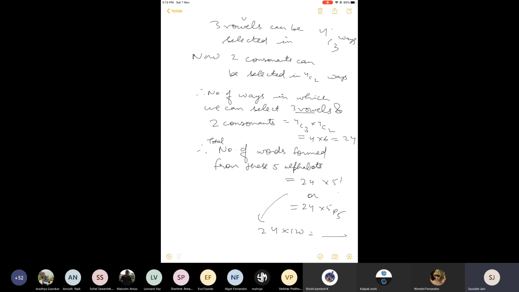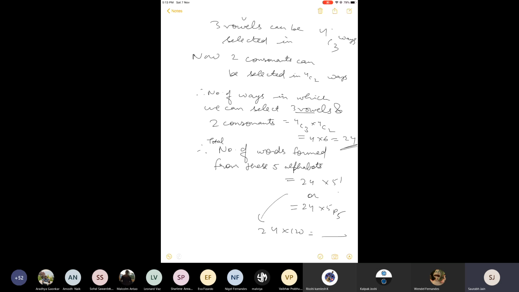Because first you have selected five objects, with the restriction that three vowels and two consonants are there, and that came out to be 24. So 24 is not the number of objects, it is the number of ways in which you have selected five alphabets. Now you want to write them in a single line. So they can be arranged in a line in 5P5 ways.